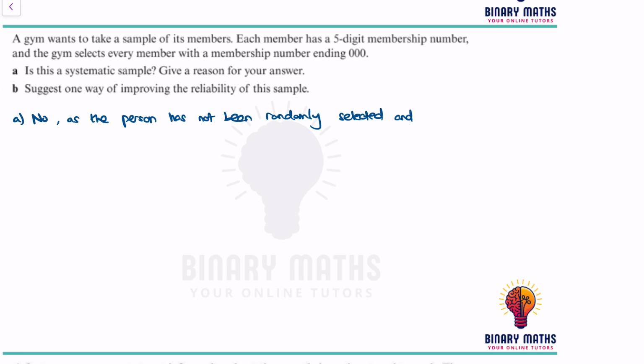And the sample has not been chosen at regular intervals. So remember, in a systematic sample, it's always chosen at regular intervals.